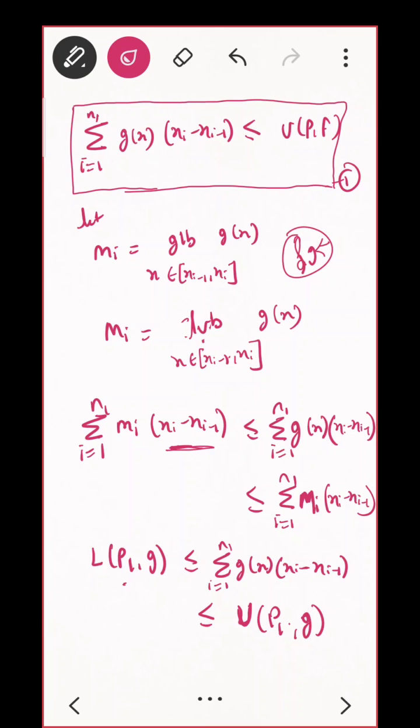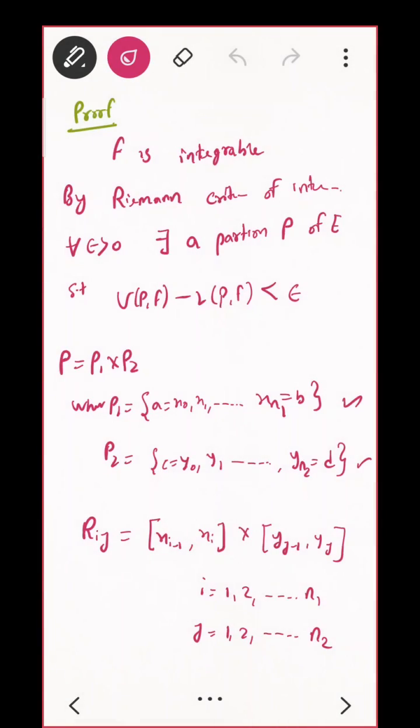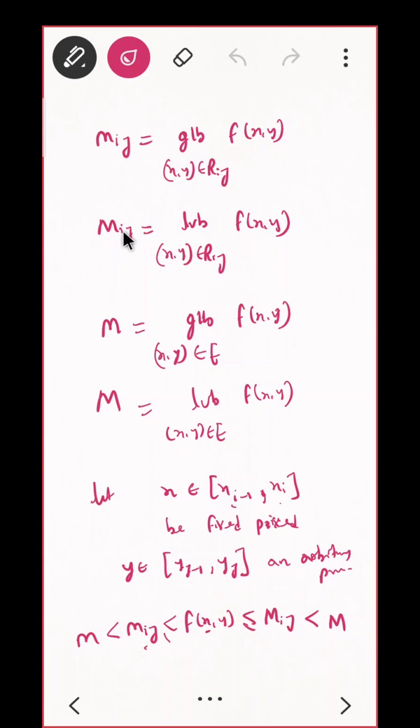And what is your UPF? We just need to have a relation between them. What will be the relation between them? We want to have a relation between UP1g and UPF. See, what was your UPF in the starting? What is UPF? It is the upper sum, where it is over capital Mij, where capital Mij is the LUB of the function in that interval.